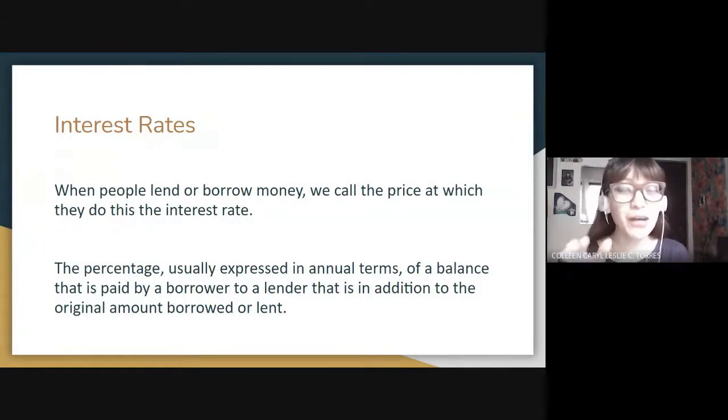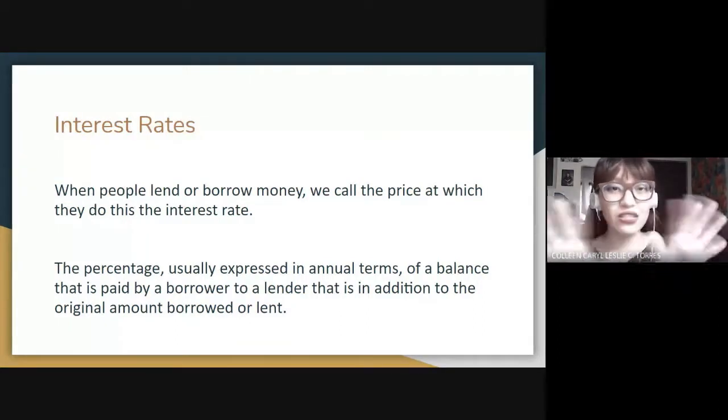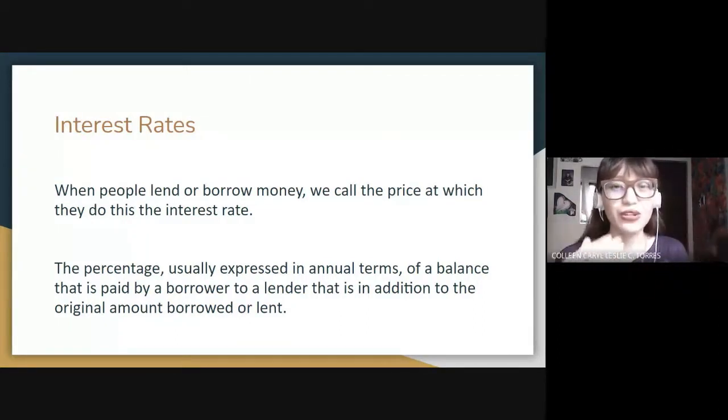Now, a pawn shop would put an interest rate on the item that you pawn. So, for example, let's not just talk about your parents, but if a person in general goes to a pawn shop, what can be accepted at a pawn shop is gold or other precious jewelry, but mostly gold.